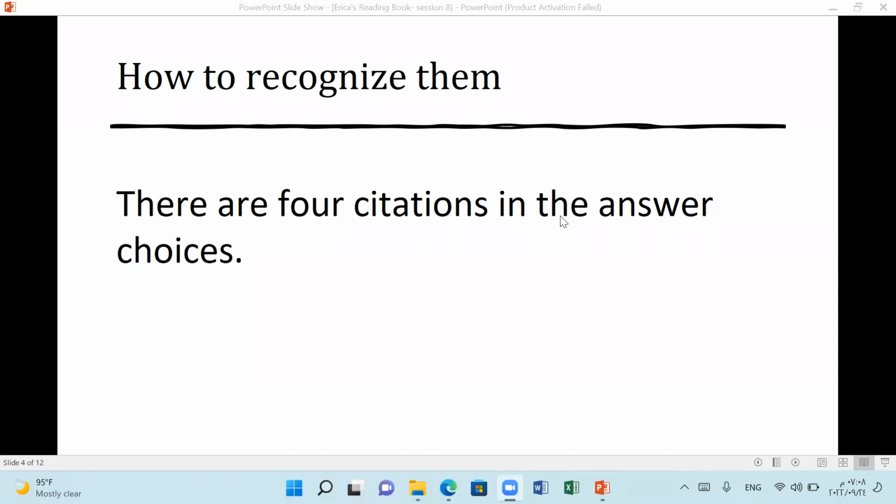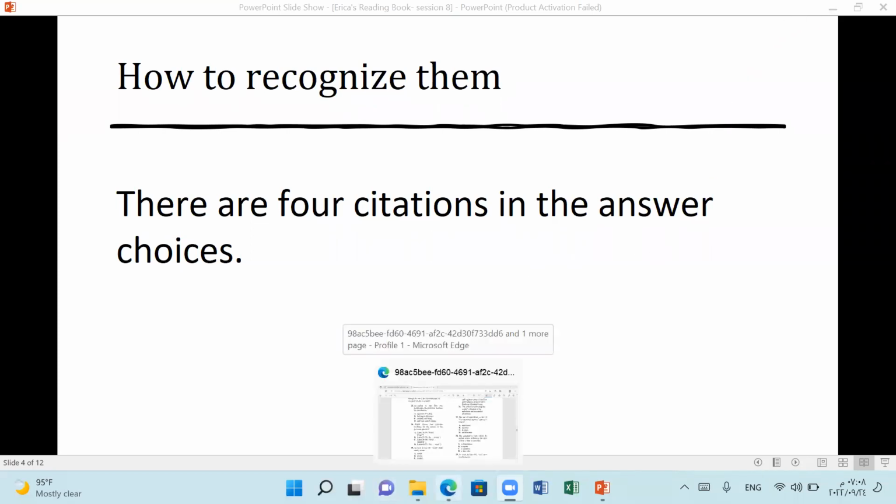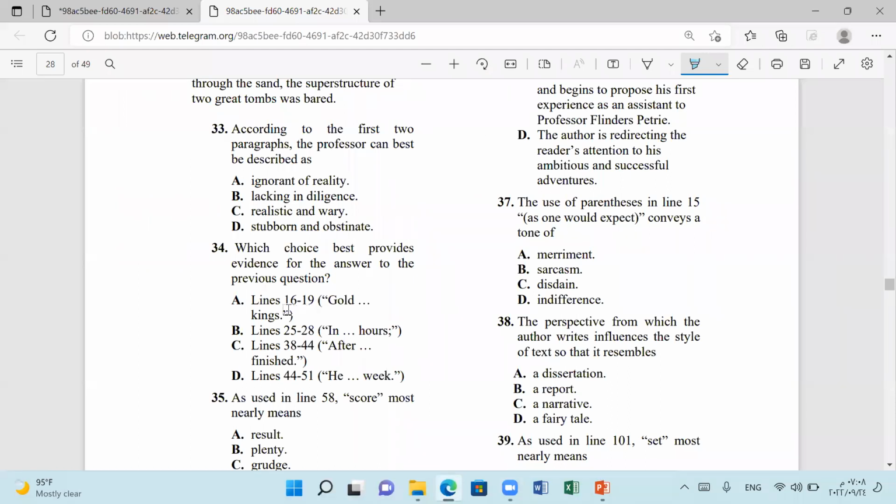This means that you will not find phrases or sentences or any vocab words. Instead, you will find 4 citations. Just let me show you. Like this. You will find the answer choices. Look at that.